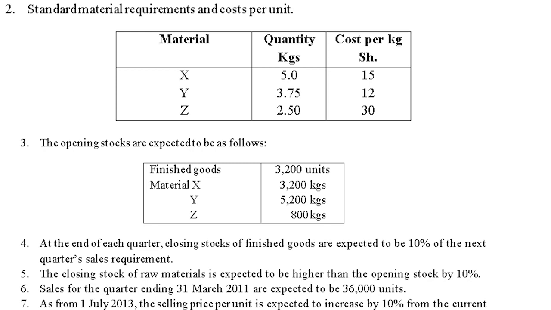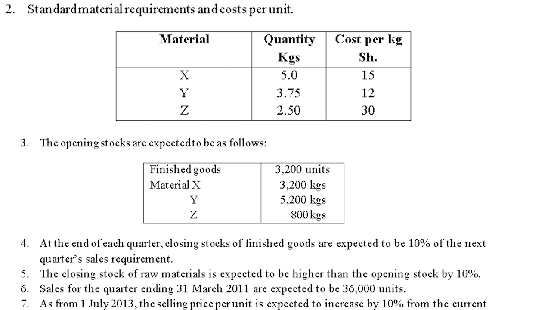Number 3, the opening stocks are expected to be as follows. Finished goods, 3,200 units. Material X, 3,200 kgs. Material Y, 5,200 kgs. Material Z is 800 kgs.